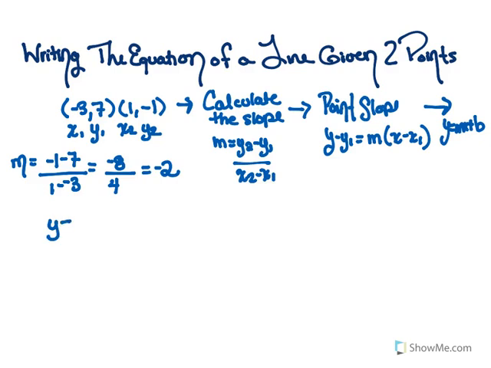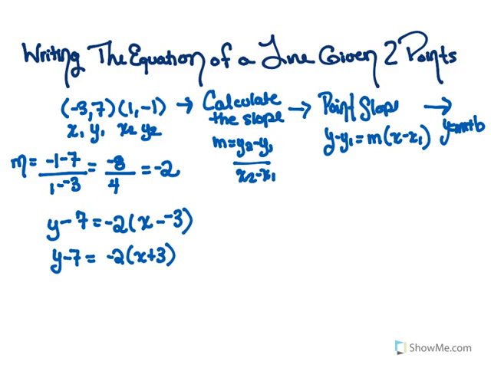So I do y minus y1, which is 7, equals my slope, which is -2, times x minus x1, which is -3. Okay, so I've got y minus 7 is equal to -2 times x plus 3, because I've simplified.